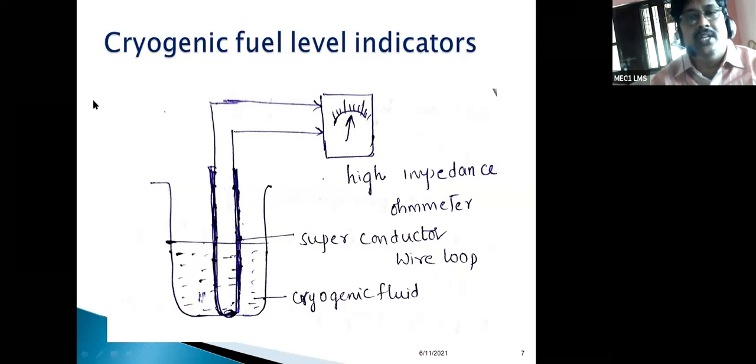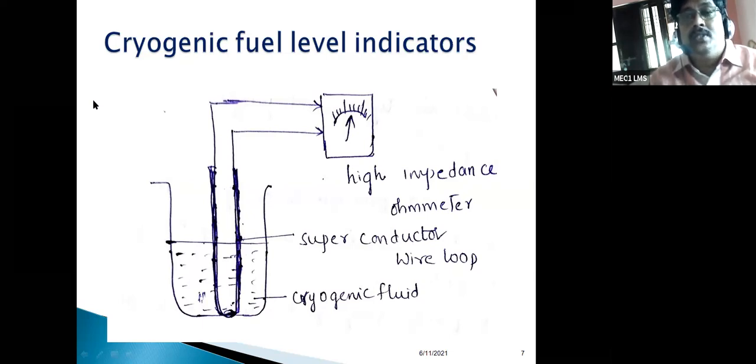And the cryogenic fuel level indicator consists of a superconductor wire loop placed in the liquid whose level has to be measured, touching the bottom of the tank.